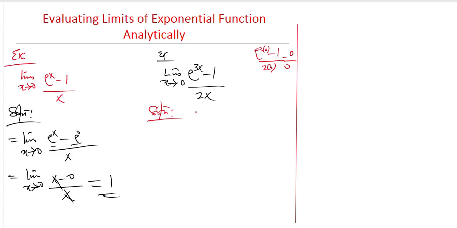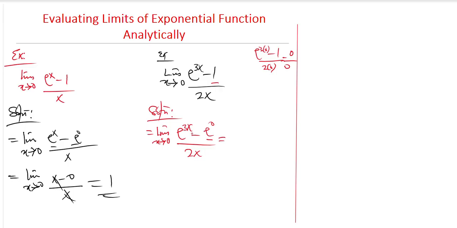analytically evaluate this function. We are going to have the limit as x approaches 0 of e to the power of 3x minus e to the power of 0, because e to the power of 0 will give us 1, all over 2x.